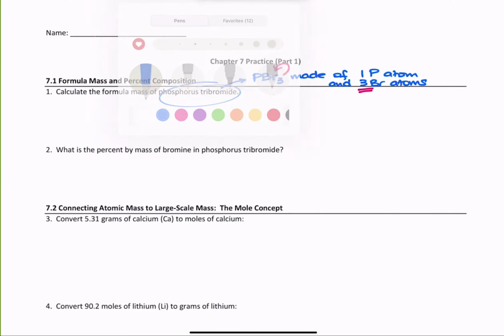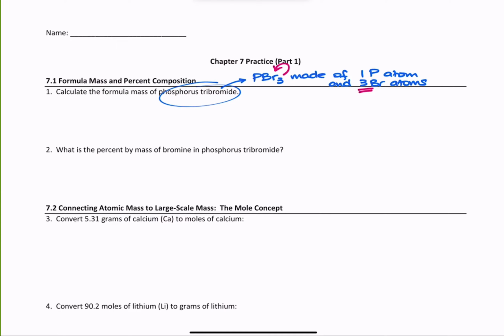Therefore, we're going to use the periodic table to combine the atomic mass of phosphorus and the atomic mass of bromine. We're going to have 1 time the atomic mass of P plus 3 times the atomic mass of Br.